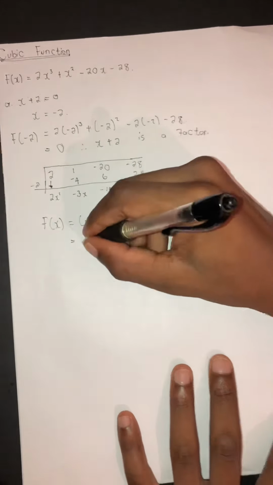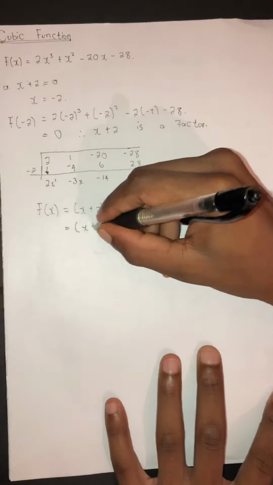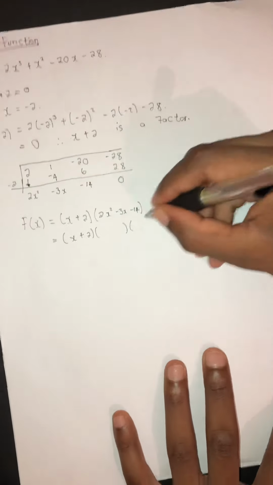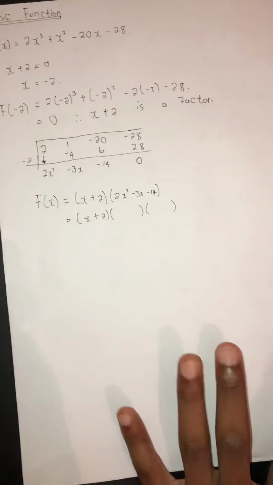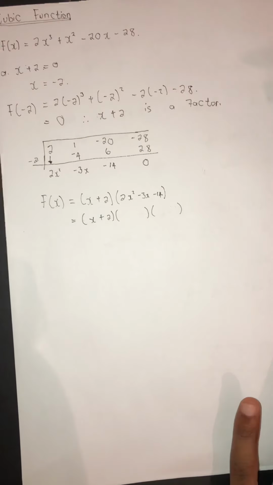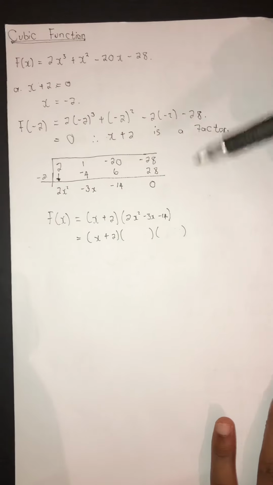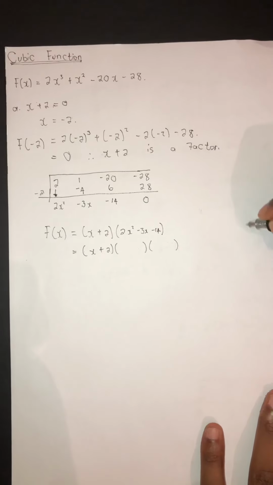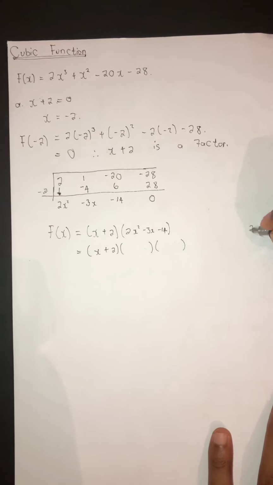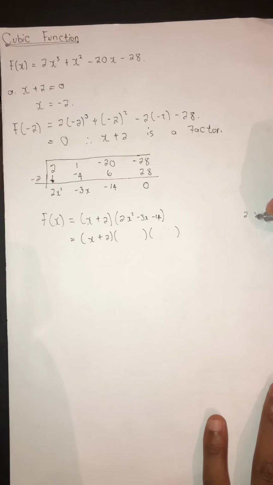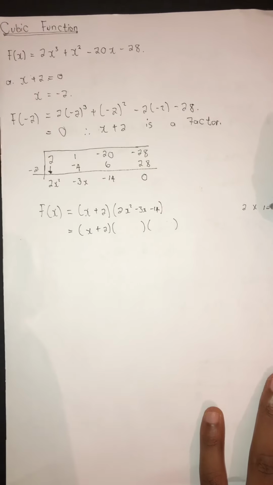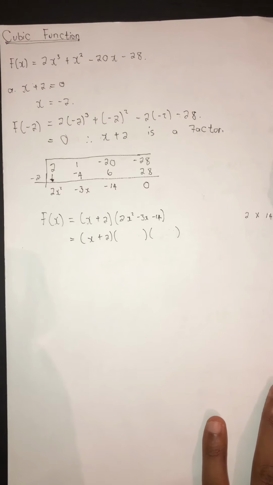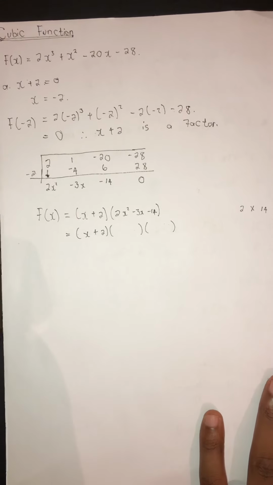Then we can see that we have to factorize the quadratic part into 2 brackets also. So how do we do that? I take the first value and multiply it with the last one. 2 multiplied by 14, and then I get 28.